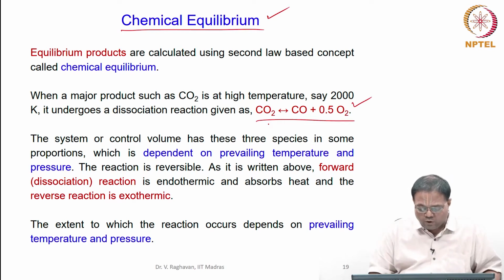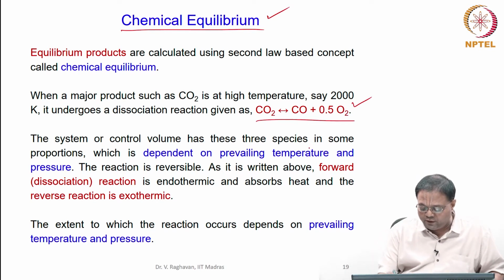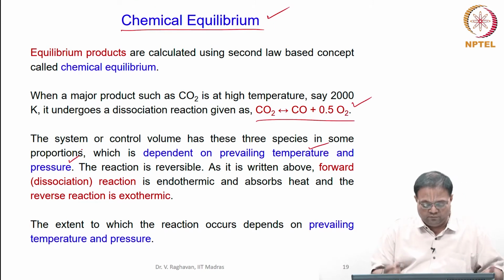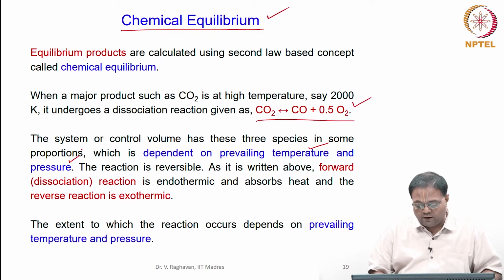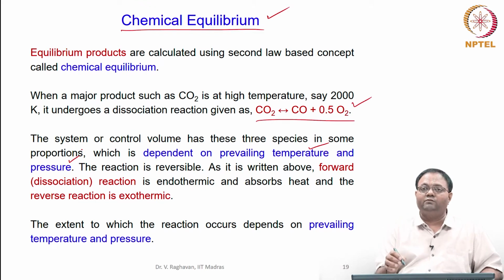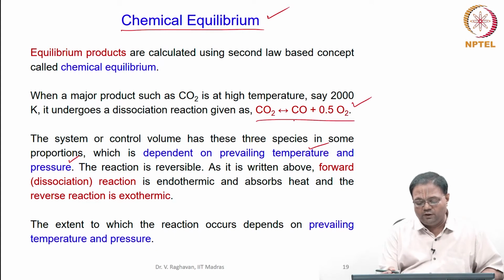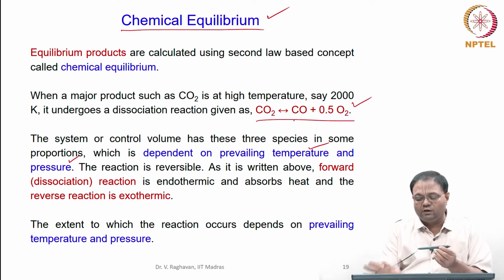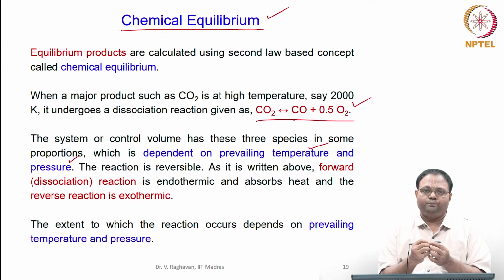Now, if you fix the temperature and pressure of the combustion chamber, which may be a system or control volume, then based upon this some amount of CO2 will dissociate, and the reverse reaction also will occur. Both will be at the same rate, so that you get in the products all three species in some proportions.